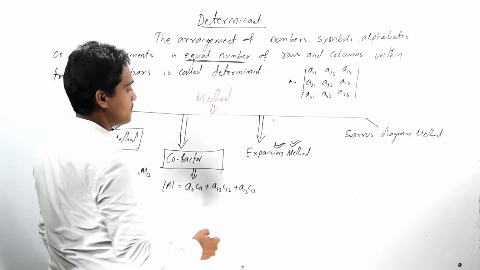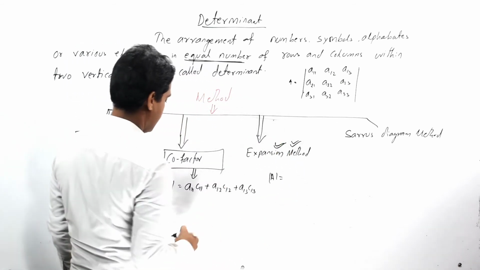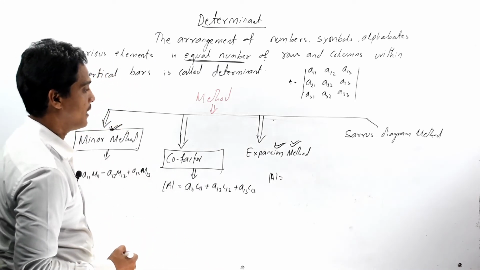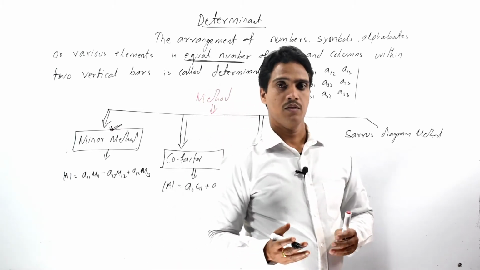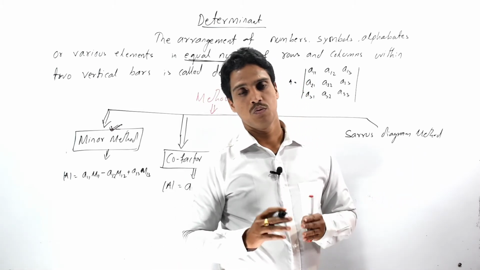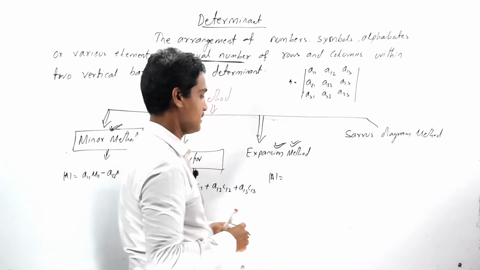Under the expansion method, the value of the determinant can be obtained by expanding any row or column, and we should also consider the respective signs.